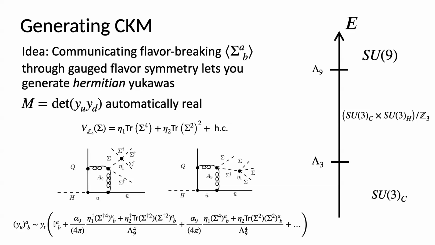But what you can notice is in any diagram you write down that communicates the flavor violation and CP violation from the scalar to the standard model fermions, whenever you have a diagram that has this CP violating parameter inserted on the sigma line, there's a Hermitian conjugate diagram with the Hermitian conjugate vertex inserted on sigma dagger. And so you generate general complex matrices, but they are always in fact Hermitian.